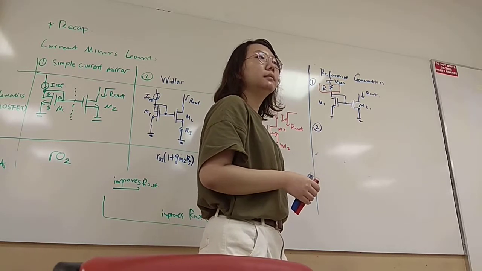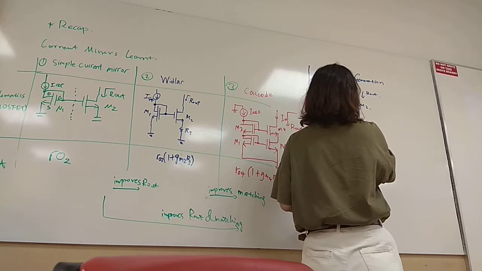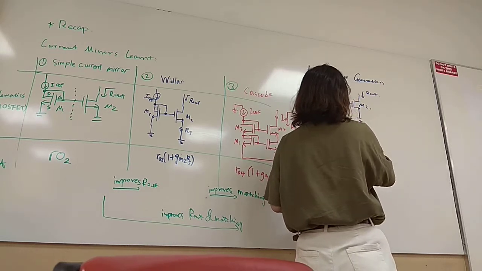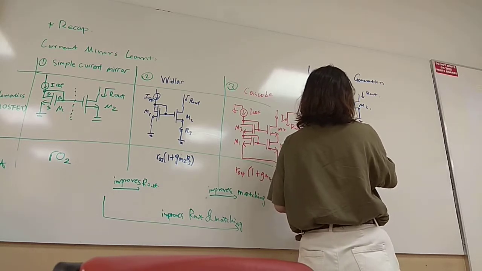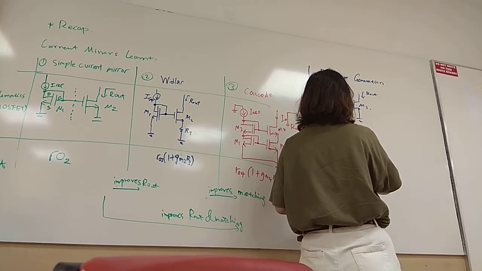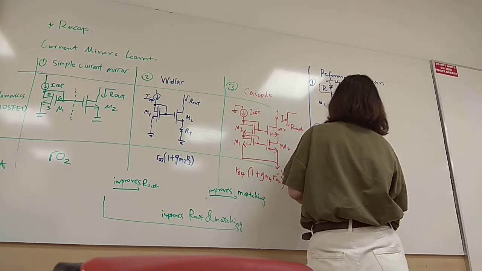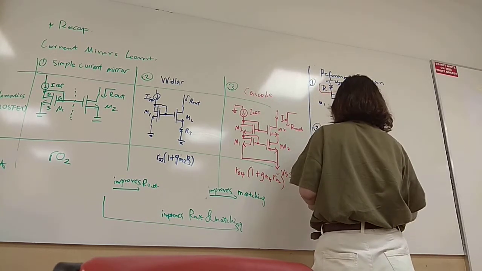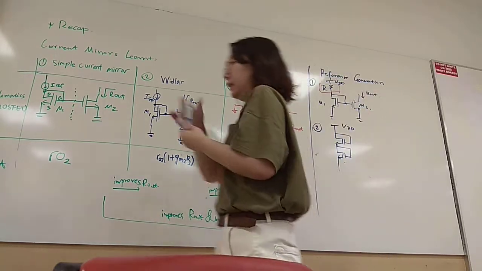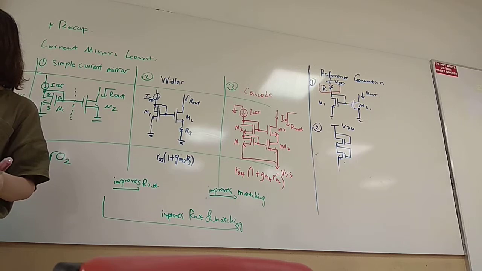Just replace the R. Okay, another method is actually by using a MOSFET. By using one or two, it depends. You can use two, you can use one, it doesn't matter. The example given by your notes is by using one or two.